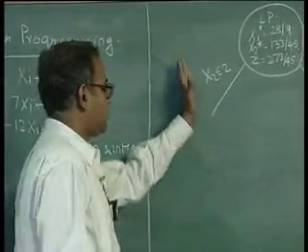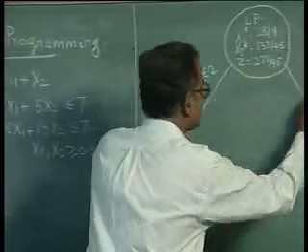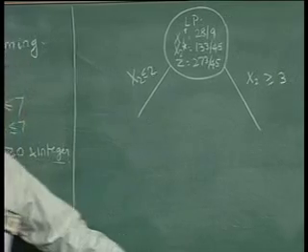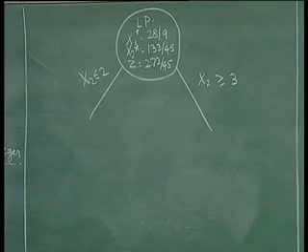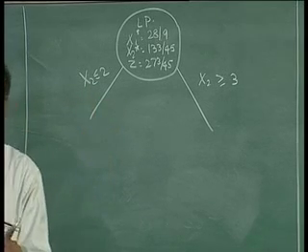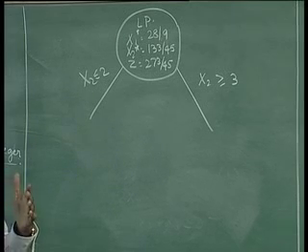So, you create two branches from the original LP by adding these two constraints, x2 less than or equal to 2 and x2 greater than or equal to 3, and solve two resultant linear programming problems. You should not put both the constraints into the same problem, because if you put both into the same problem, you end up creating an infeasible problem.